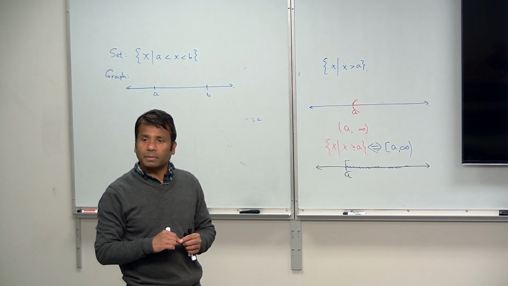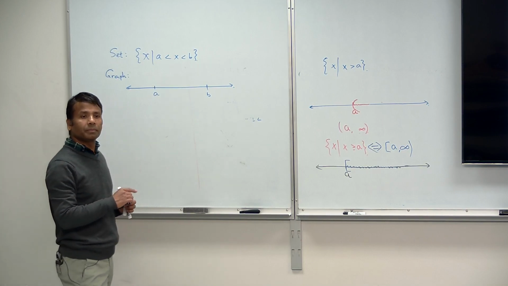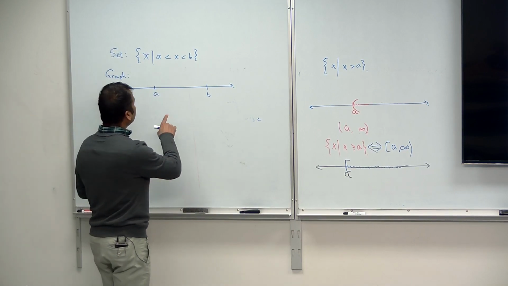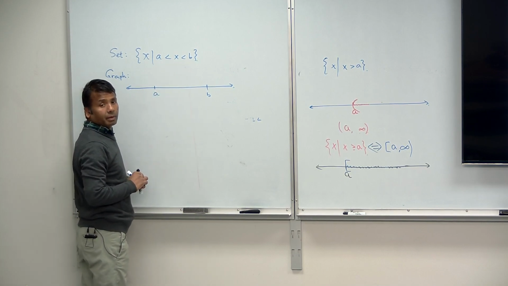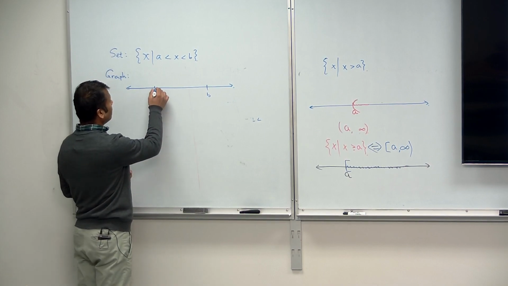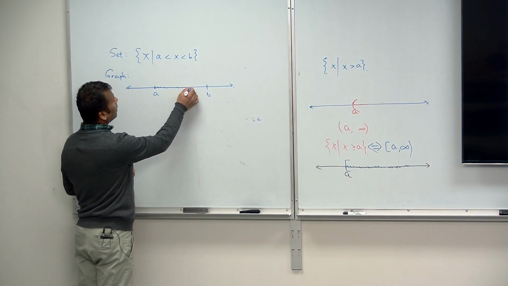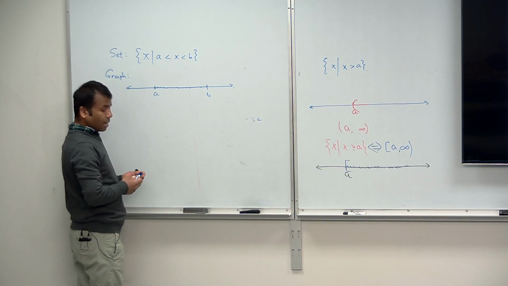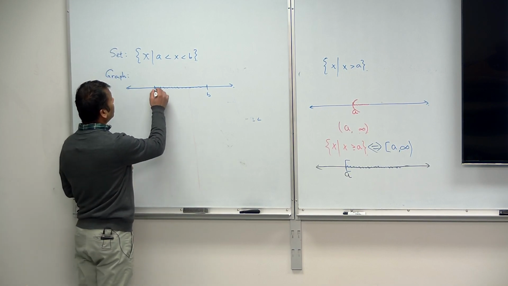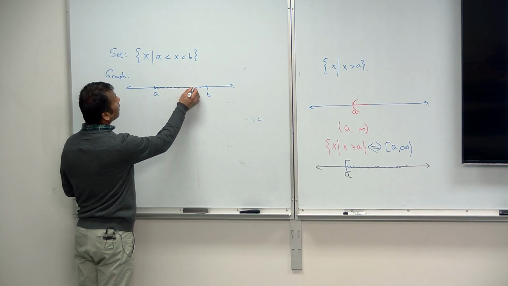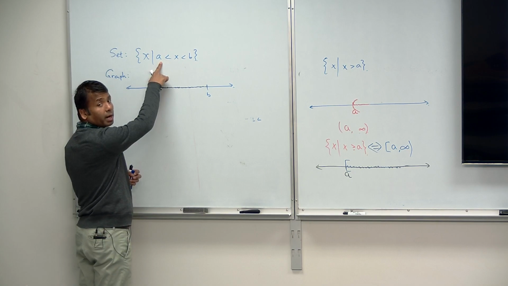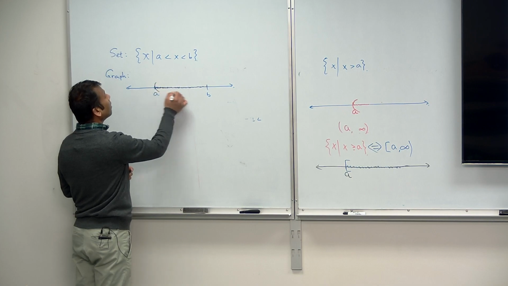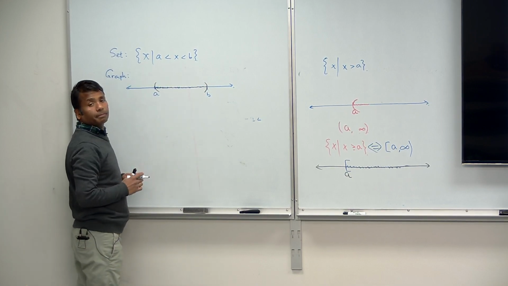Did you see that? A is less than x is less than b. Right? So this region, are you with me? The shaded region. And then this is a strict inequality. The endpoints are not included. So that's why you have to put the what? Parentheses. That makes sense?